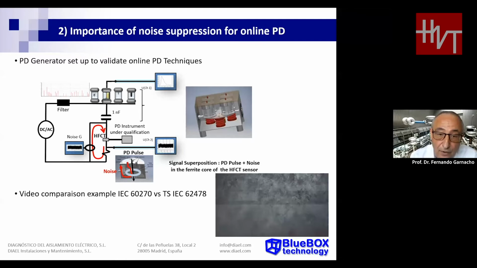This testing setup is composed of different test cells and can provoke specific partial discharge sources, pulses. For instance, cavity, surface, corona, or floating partial discharge. We can measure the PD pulses through a high frequency current transformer, but at the same time, through a measuring impedance.